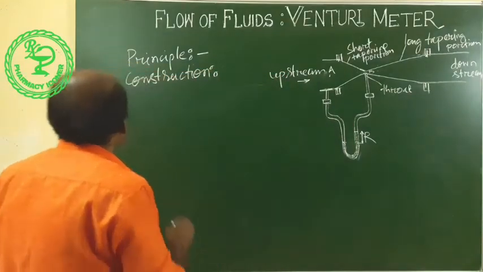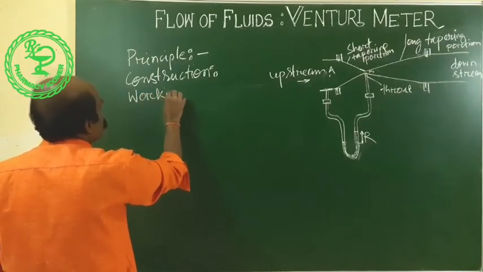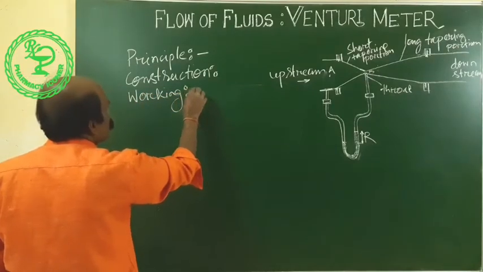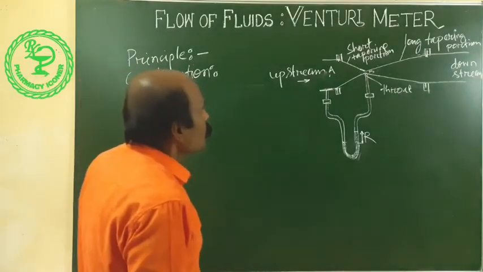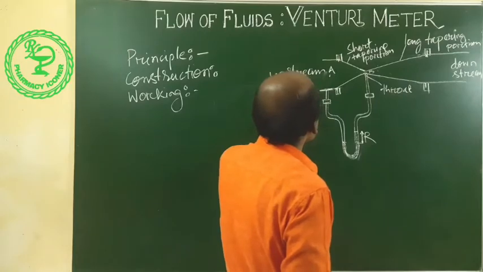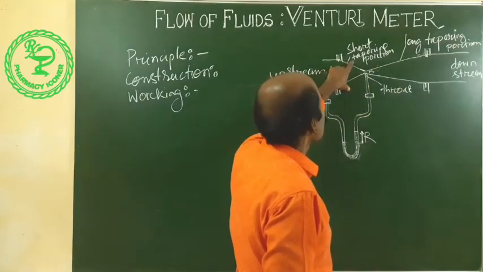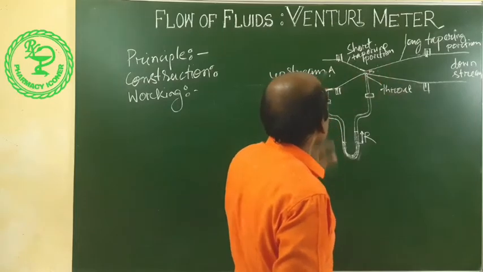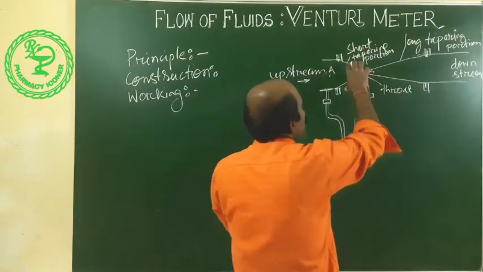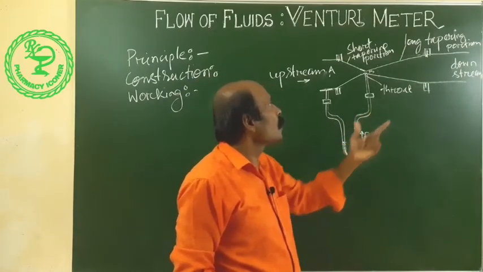Now the working. So I have told you the water is flowing from this side to that side. This is the short portion, this is the long portion. Now why is this portion short and this portion the long tapering portion?